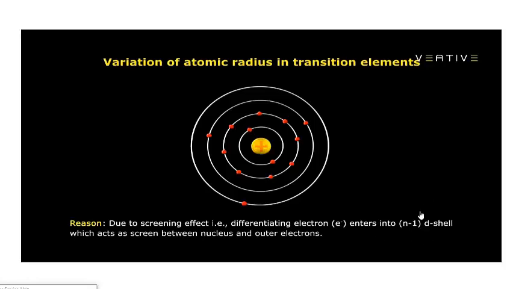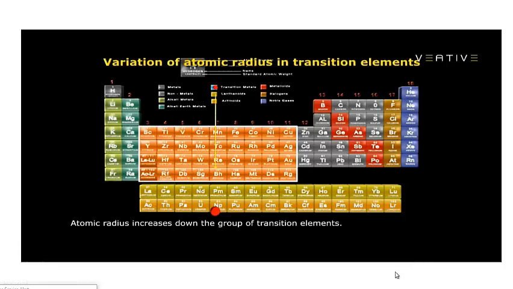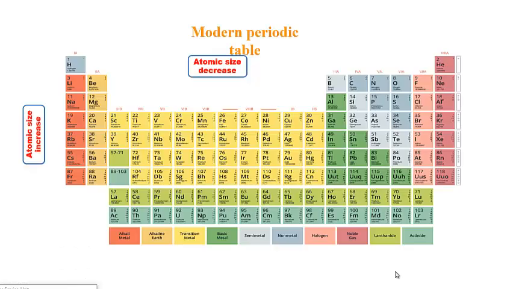Between nucleus and outer electrons. Atomic radius increases.